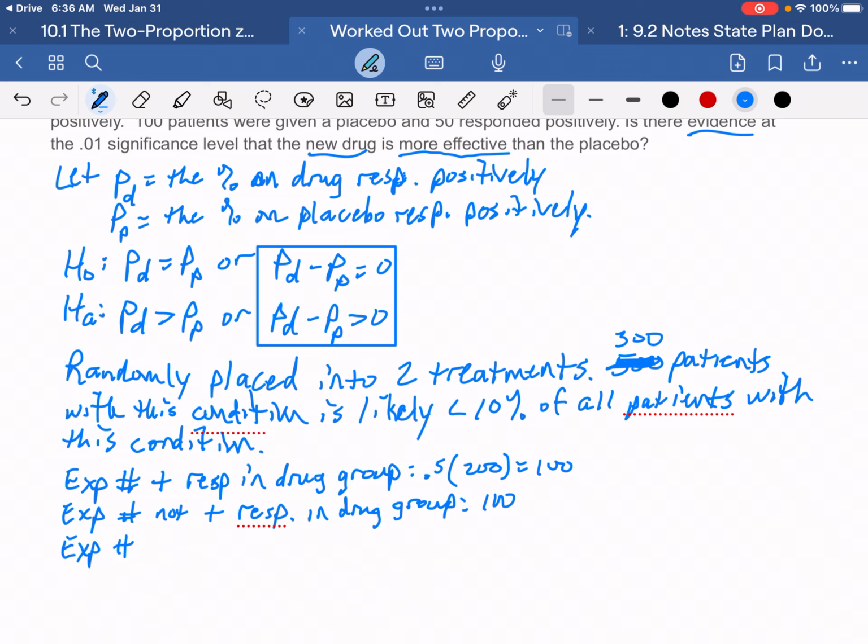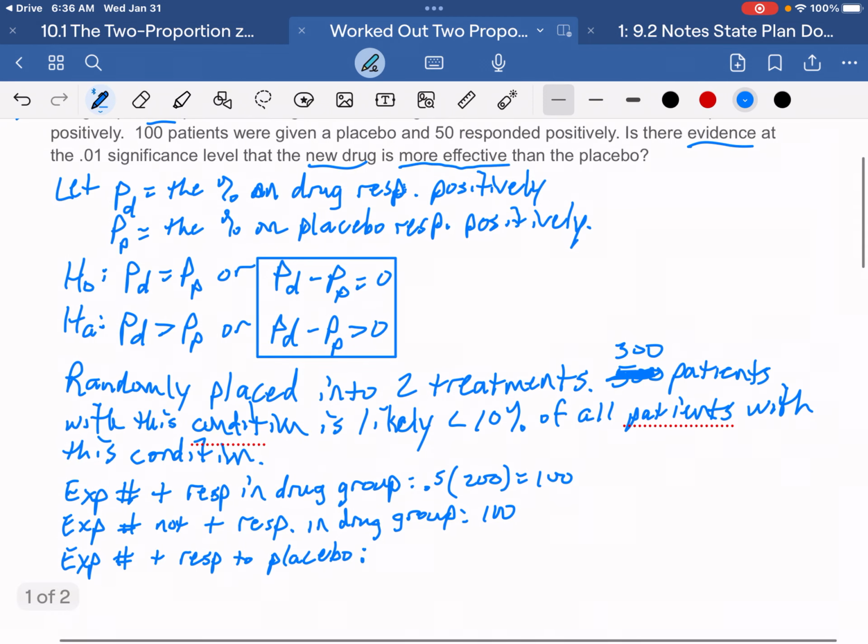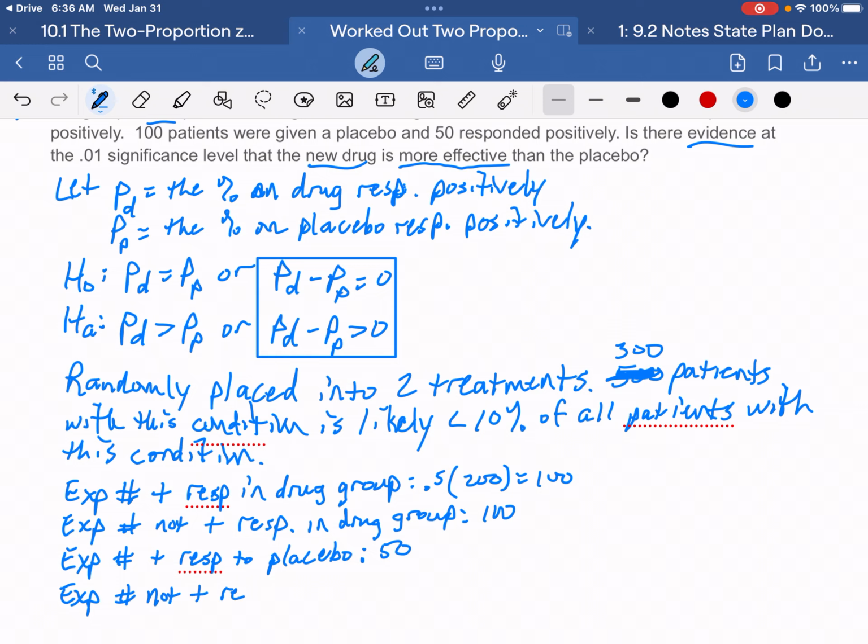The expected number to positively respond to the placebo would be half of them, and 100 we're given the placebo is 50, and the expected number to not positively respond to the placebo is also 50.